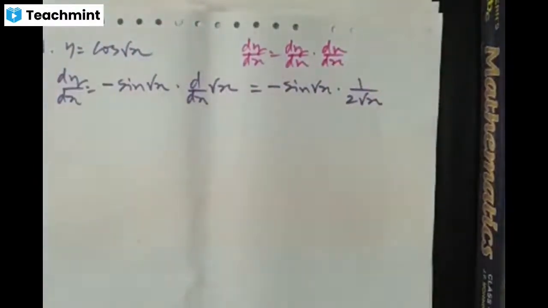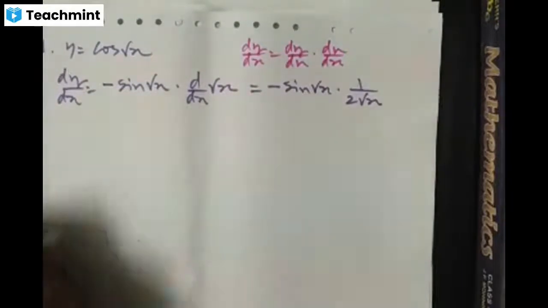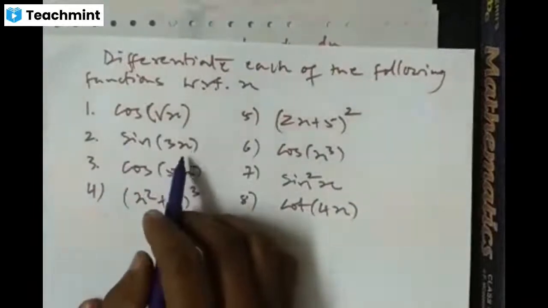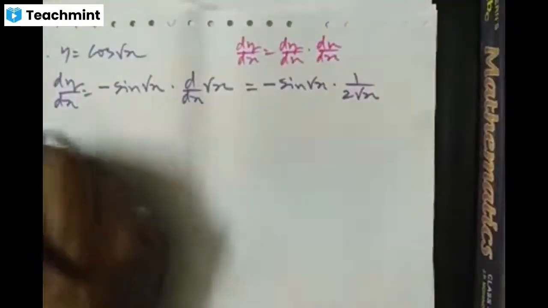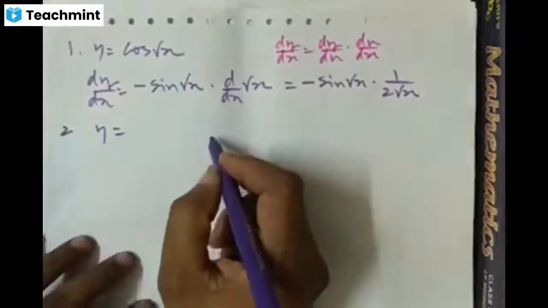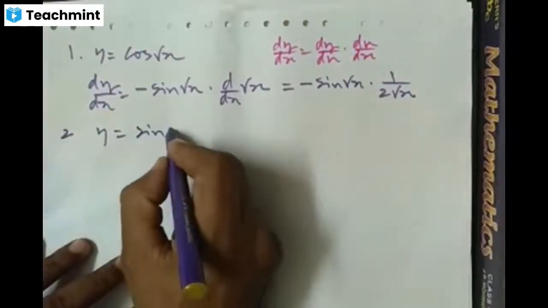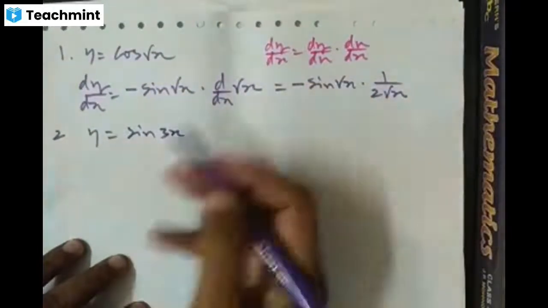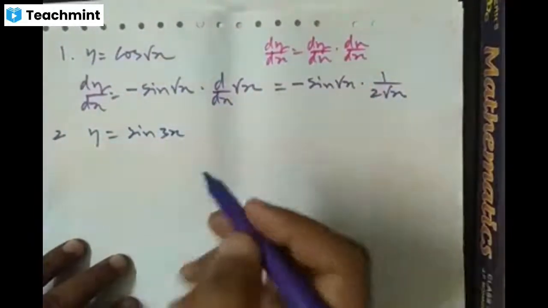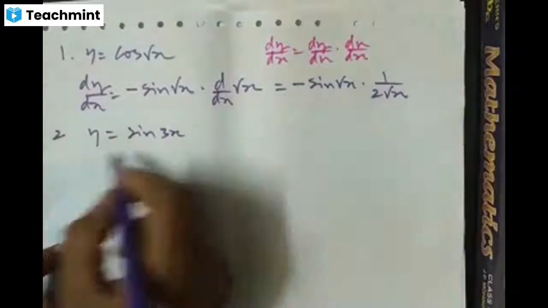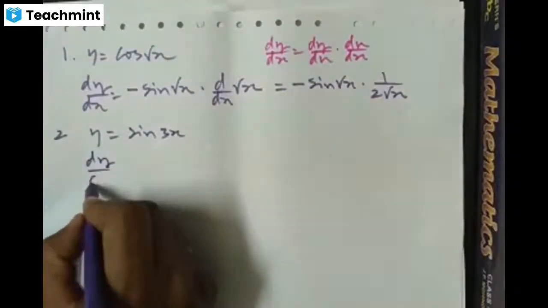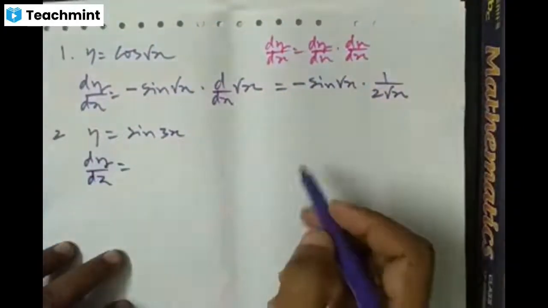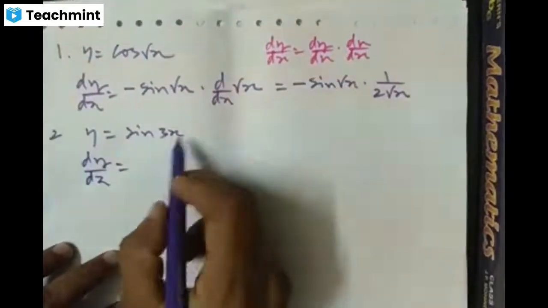Okay. So next we shall move on to the second problem. Second one is sine of 3x. Y is equal to sine of 3x. See, this is not an ordinary function. This is a function of function. This is a composite function. So to find dy by dx, we have to use chain rule. You just assume this 3x as u.